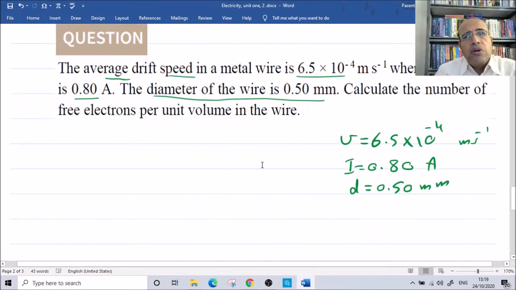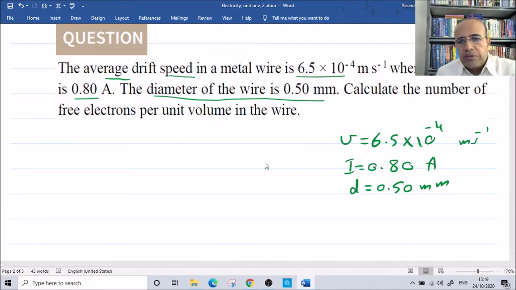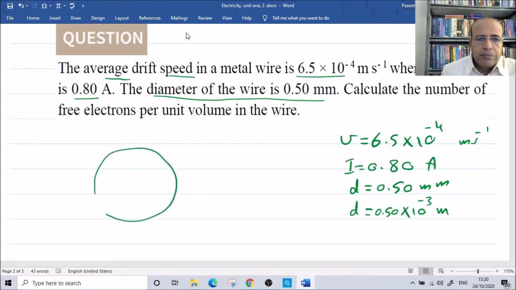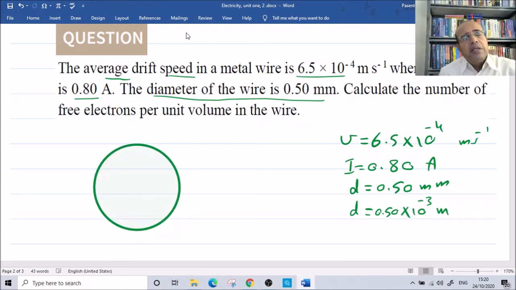We need to convert to meter. So from millimeter to meter, multiply by 10 to the power negative 3. And also we need the radius. This is a circle. What is the relation between the radius and the diameter? The radius of the circle is half the diameter.